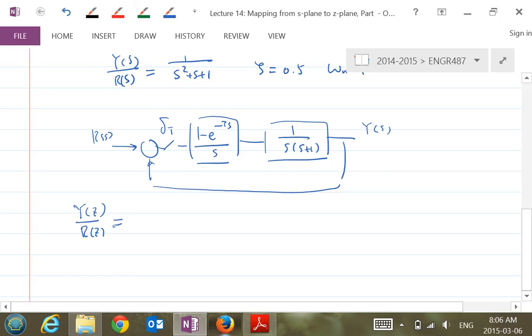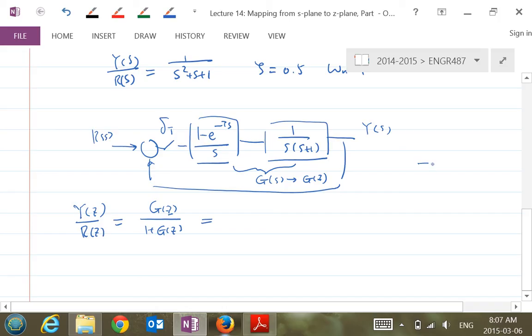First you get your G of s and turn it into G of z, and then the whole system is G of z over 1 plus G of z. In the end you end up with this.